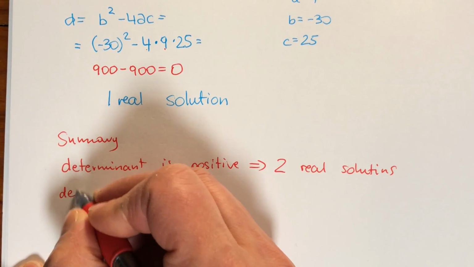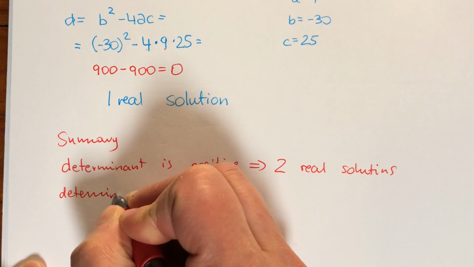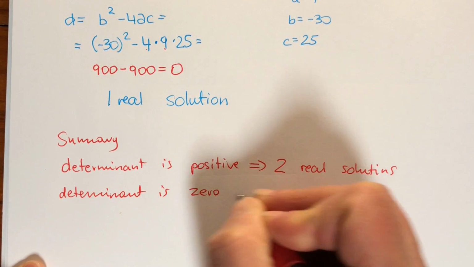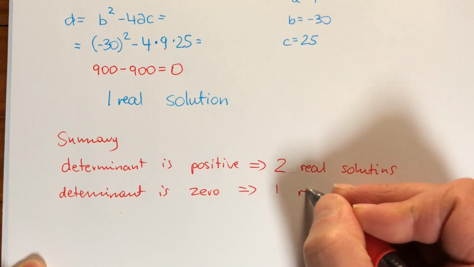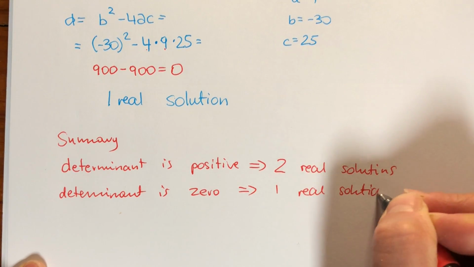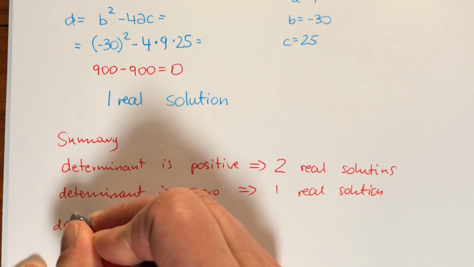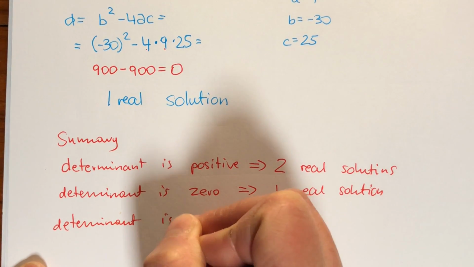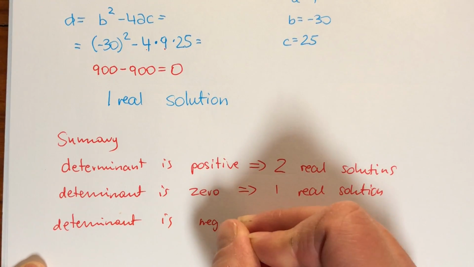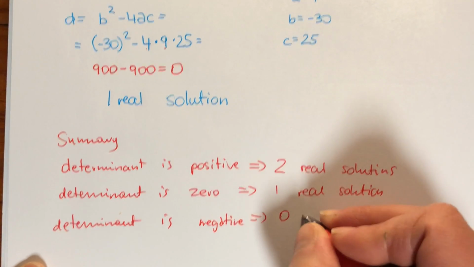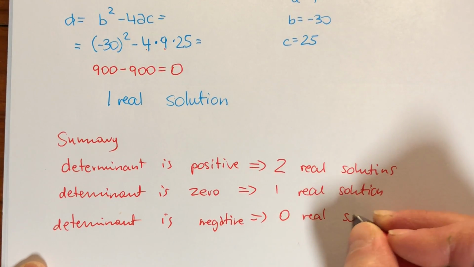If the discriminant is 0, you will have 1 real solution. If the discriminant is negative, you will have 0 real solutions.